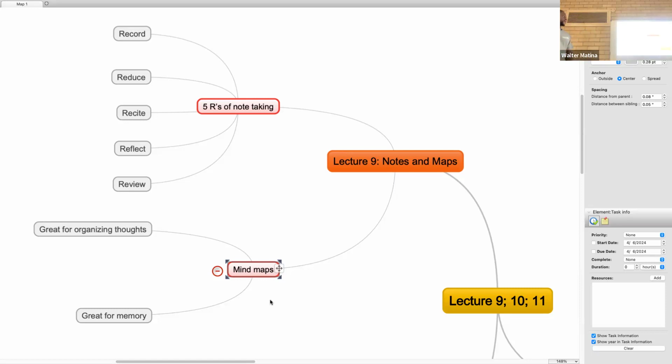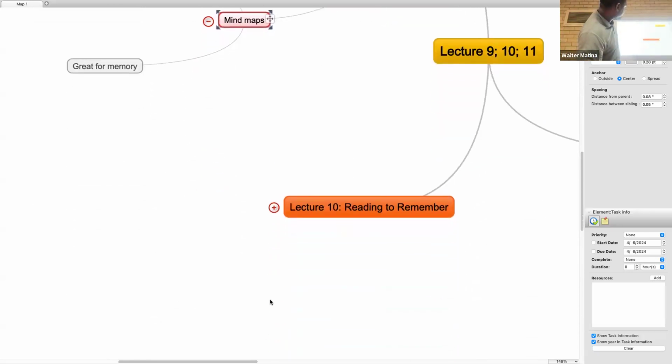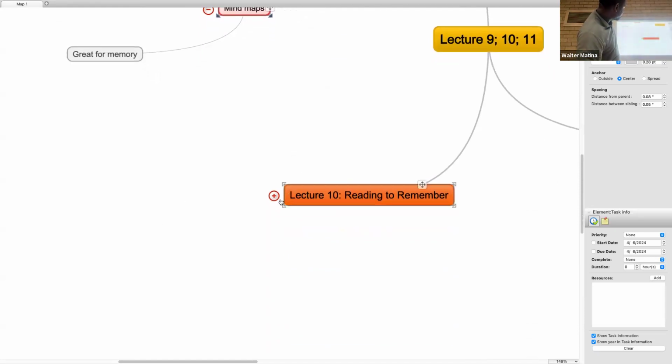Now, as I had said earlier, when we are looking at lectures 9, 10, and 11, it seems like there's a lot of information. But once you put all of that information on a page like this, you can immediately begin to see the similarities.